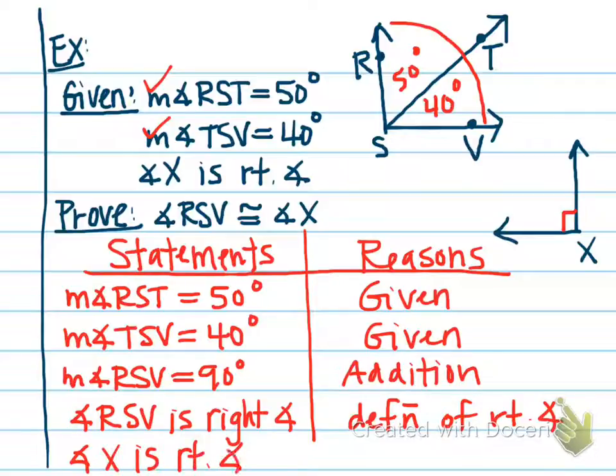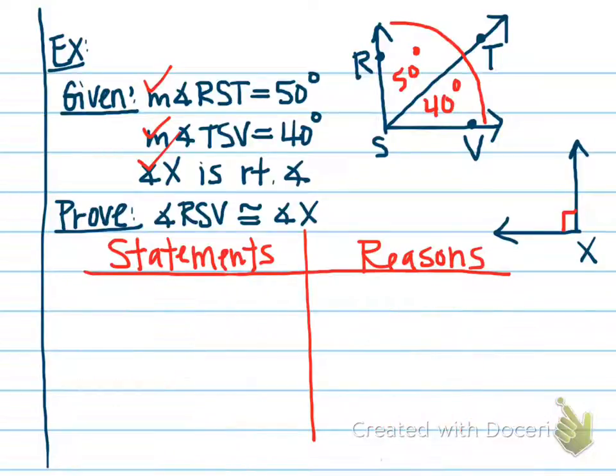Run out of room here. That is one of our givens, so our reason will be given. I'm going to check that off. I've used all my givens now. The last thing is our proof statement. And forgive me for erasing that, but I was running out of room. So feel free to rewind if you need to.